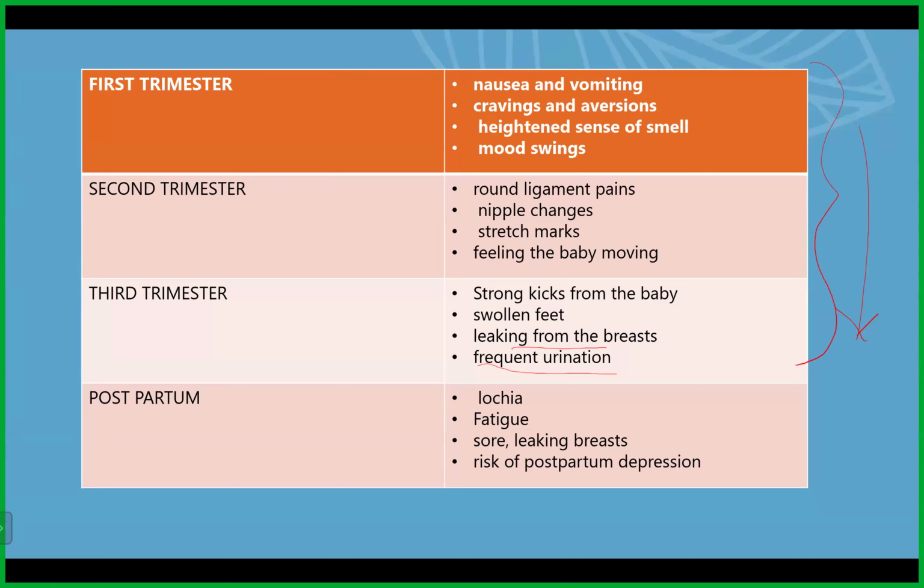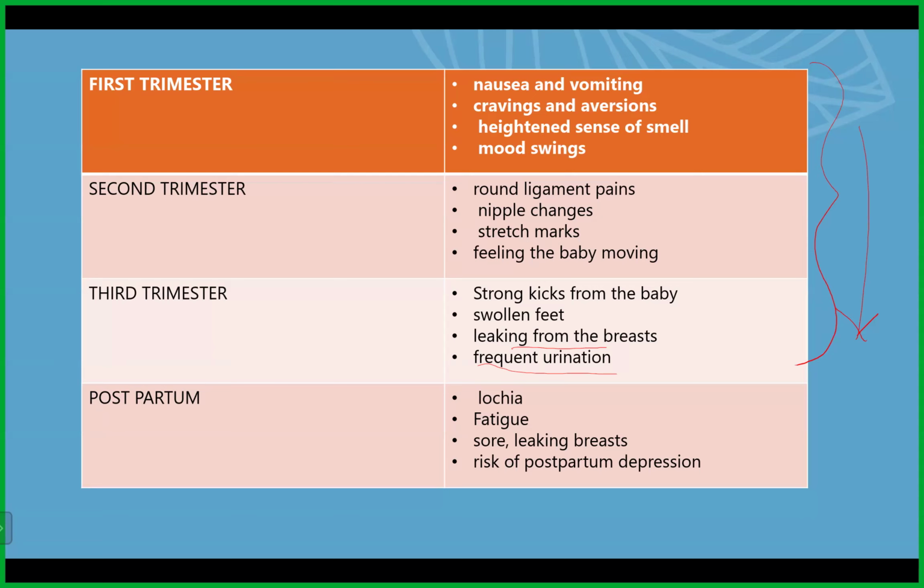So lochia, as ma'am said, is a kind of discharge which comes from the vaginal area postpartum, that is, post-delivery. As you all know, along with the baby, the mother also goes through a lot of blood loss, so some kind of secretions or discharges will happen. In a normal menstrual cycle, since most of you are female, you might relate that even in the premenstrual and postmenstrual phases, because of hormonal changes, bleeding will not just stop immediately.